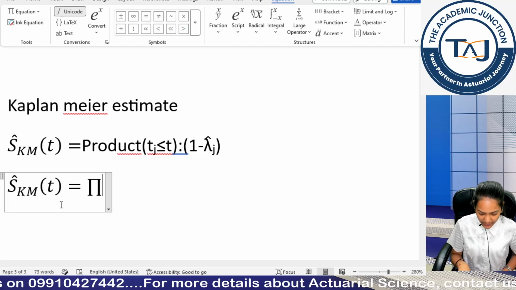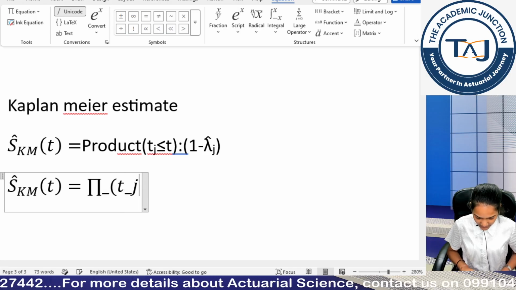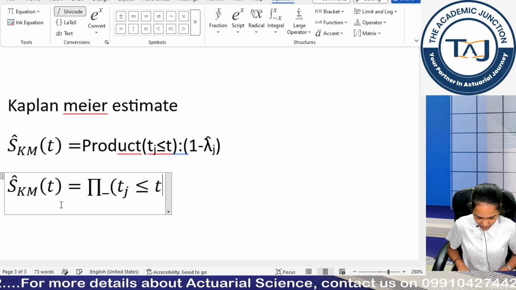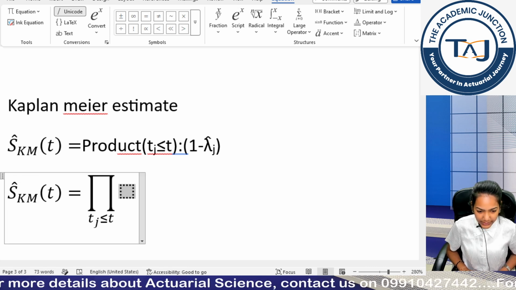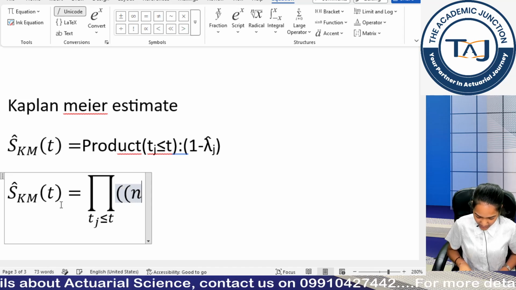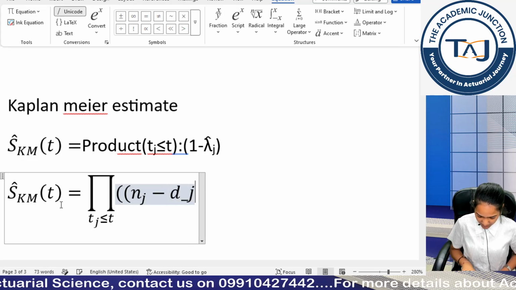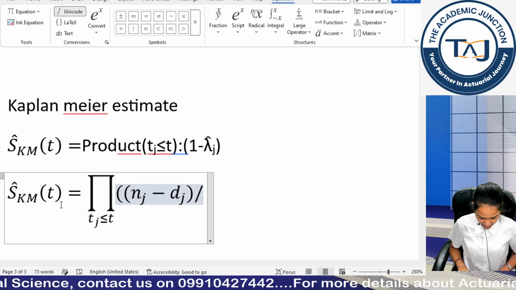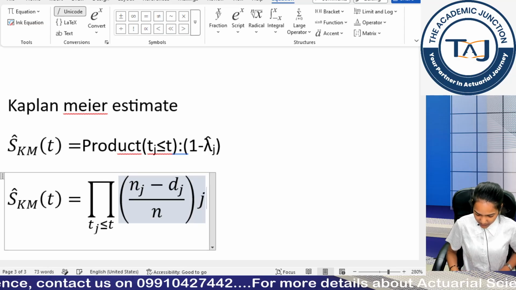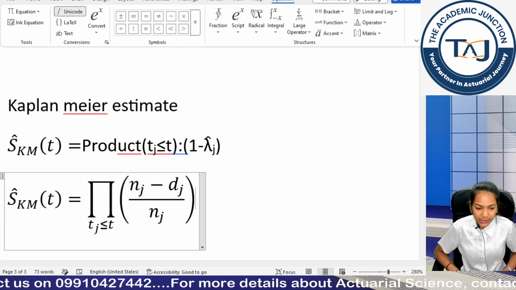Yes, this is coming this time. So I have to place the lower limits only. So it will be Tj less than equal to T, and yes, okay. We get this product sign. Now we will write whatever we have in the numerator and denominator of the fraction within this product sign. We have this nj and we have this brackets.